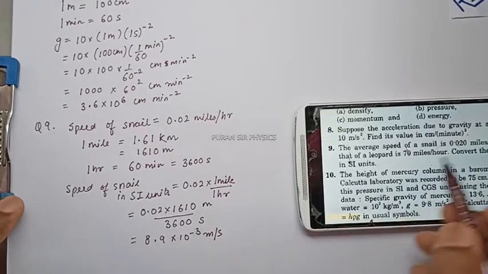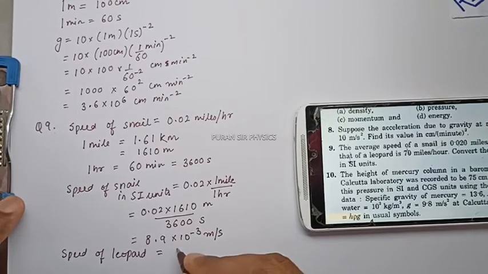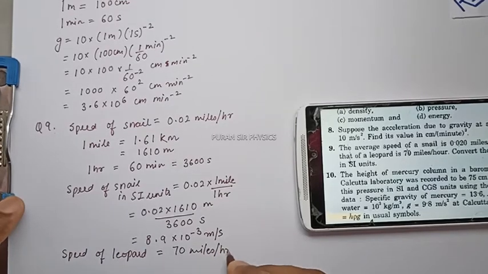And the second part is the speed of leopard, which is given as 70 miles per hour.